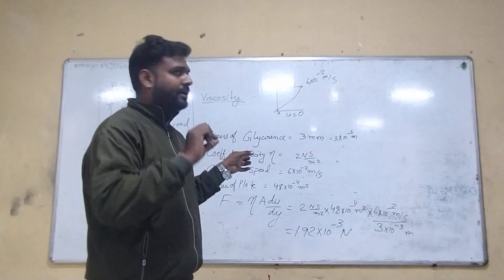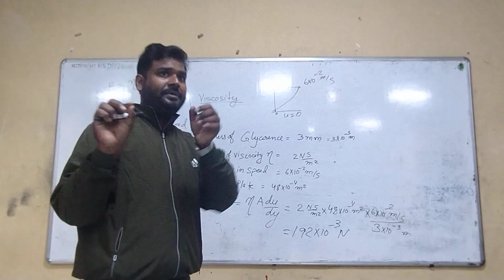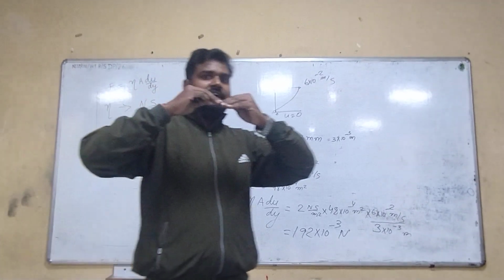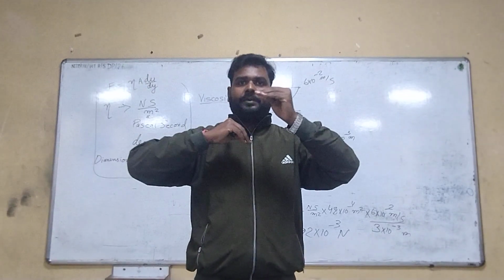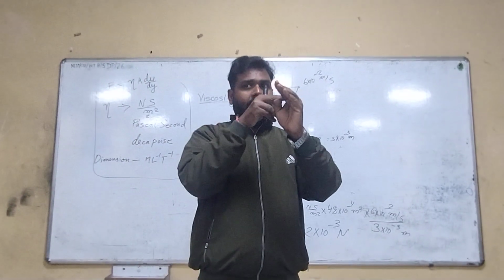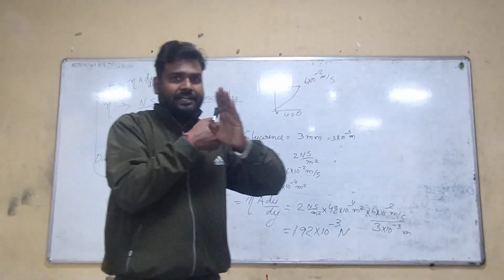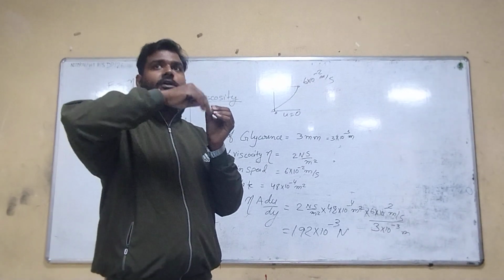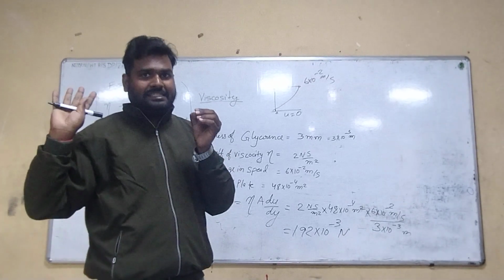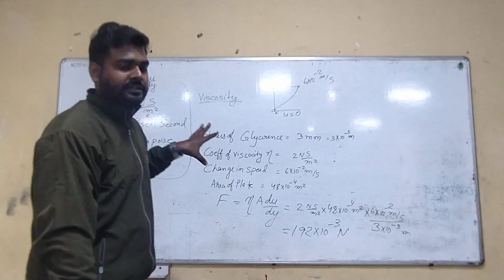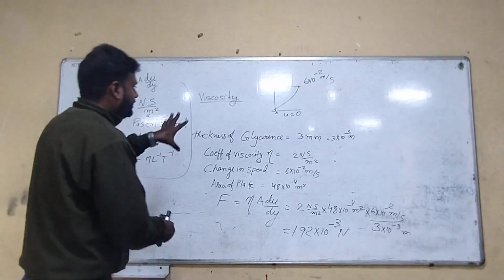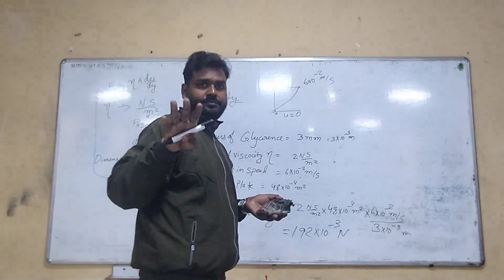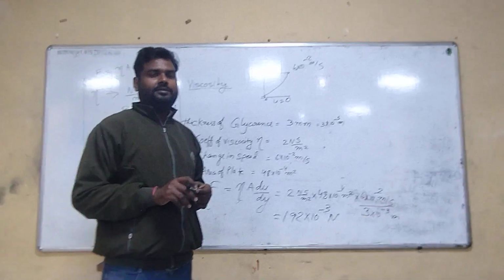The force we apply to pull it is equated to the frictional force. When we apply a force over a plate, a frictional force also comes into action. So when we equate that force to the frictional force and overcome it, we can pull it easily. This is the application, the numerical that comes in the mains, and this is the concept of viscosity.